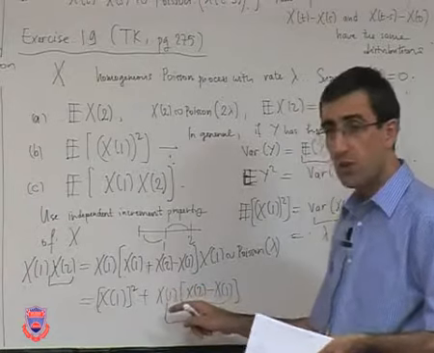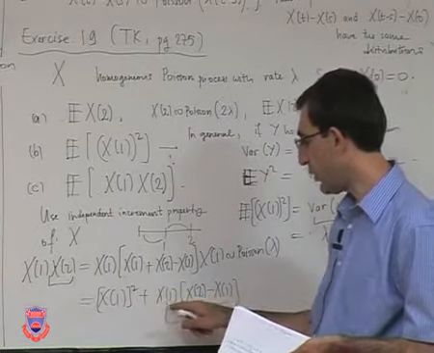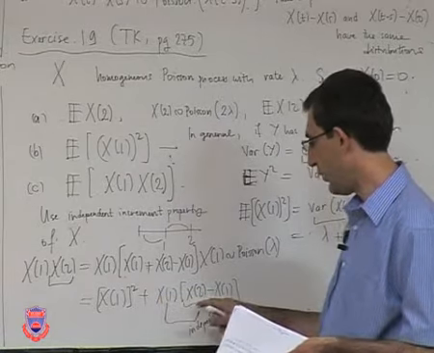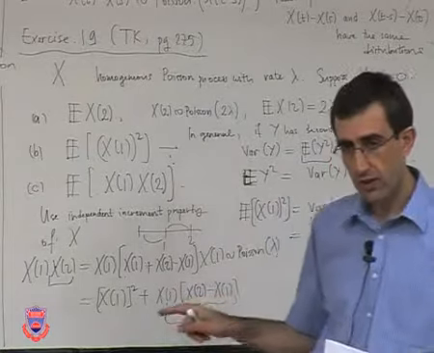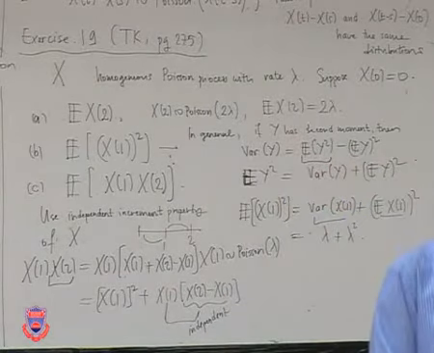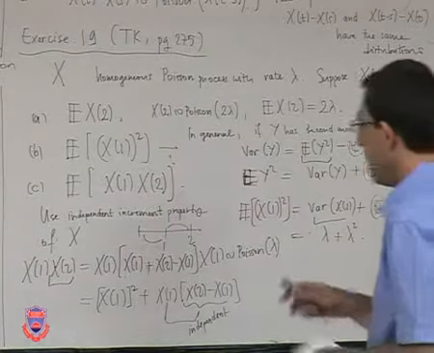The increments, the change in the process X, one over the interval from 0 to 1, and the other over the interval from 1 to 2. Since the intervals are disjoint, and since the Poisson process has the independent increment property, they are independent.